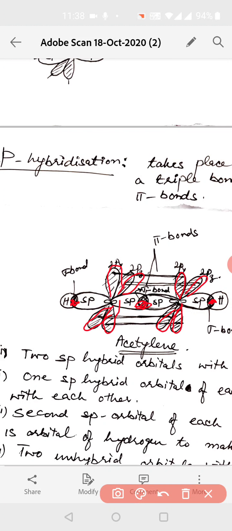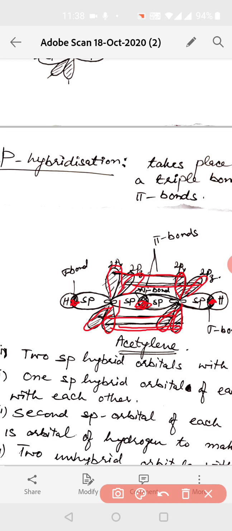I had shown py overlaps with py on the upper side as well as on the lower side. So pz on the upper side combines with pz, and on the lower side pz lobe combines with pz. This is the formation of 2 lines on the upper side and lower side of the 2py orbitals. They represent 1 pi bond. It is not that there are 4 pi bonds.